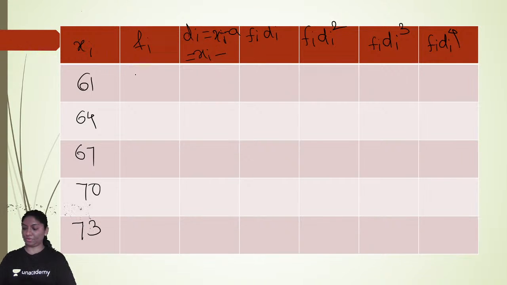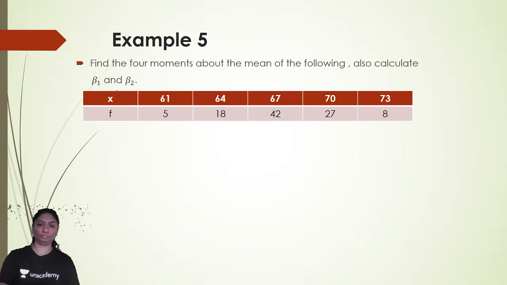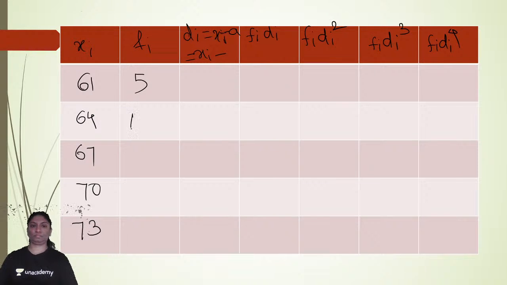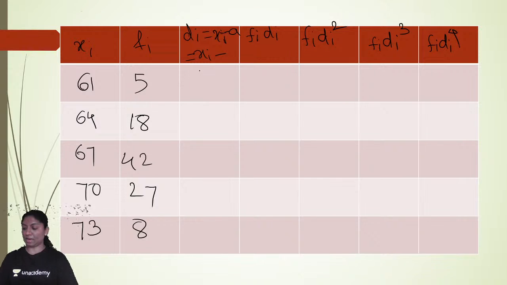fi is given: 518, 42, 27, 8. di is equal to, I'm taking here the middle value, 1, 2, 3, 4. The third value is 67. So xi minus a: 61 minus, so minus 6, minus 3.